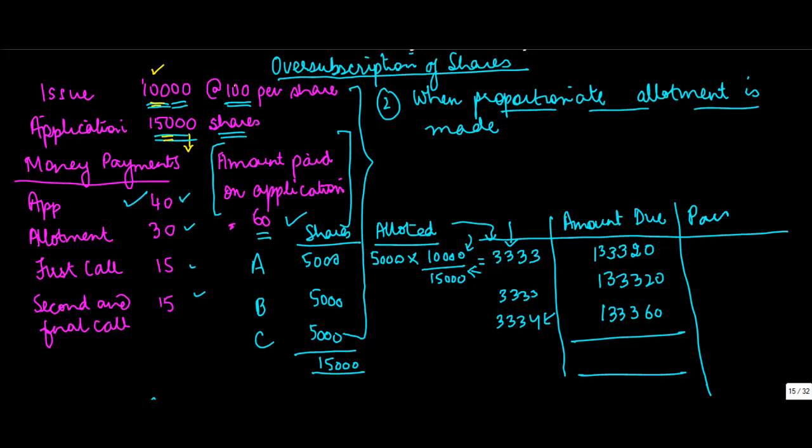And the amount paid by them is how much? 60 into 5,000, which is... paid is simple. You paid 60 per share, and how many shares did you subscribe for? 5,000.